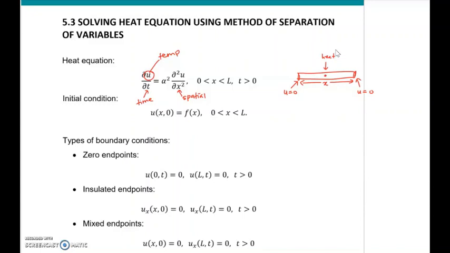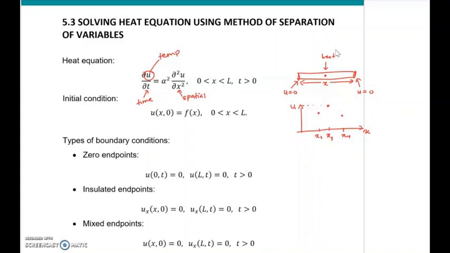Basically we can illustrate this in terms of a graph. If this is x and this is u, maybe we have x3 here, for example. The temperature somewhere here should be high. Maybe somewhere here x2 and this is x4, the temperature value might be here and here.